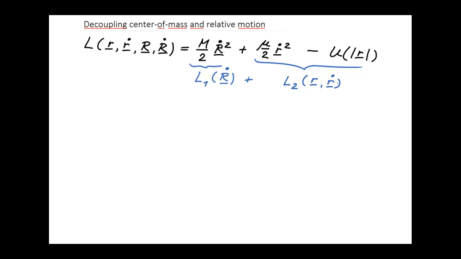Now, the fact that you can write the Lagrange function for the entire system as the sum of two functions, one of which depends only on the center of mass degrees of freedom, and the other only on the relative degrees of freedom, implies that the equations of motion for the center of mass coordinates and the relative coordinates decouple.